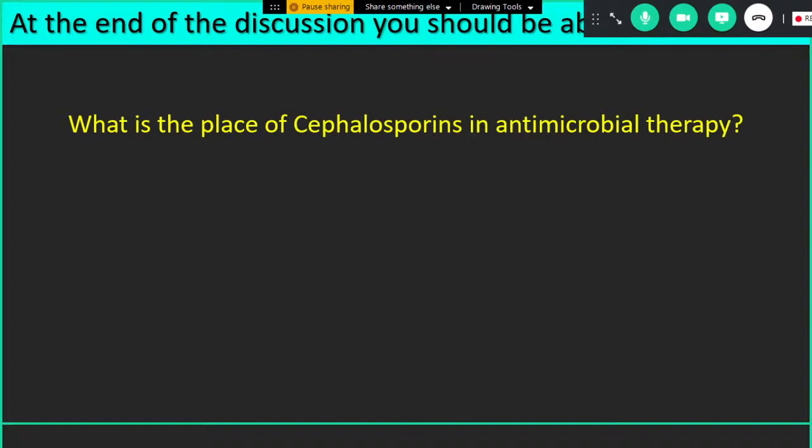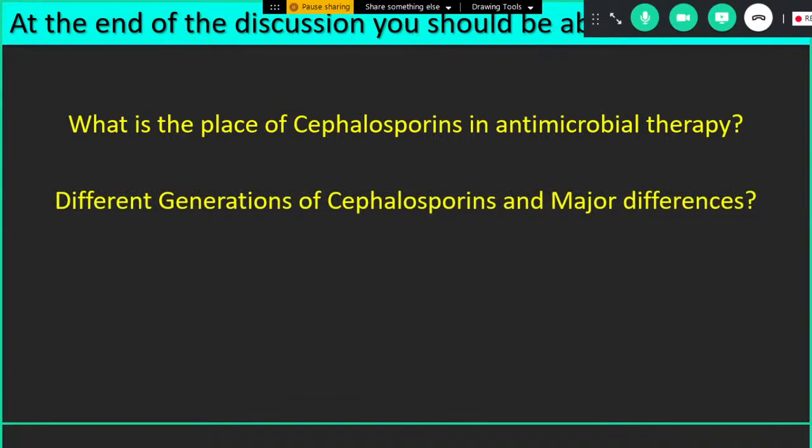First and foremost, what is the place of cephalosporin in antimicrobial therapy? It is one of the important aspects, because choosing an antibiotic or antimicrobial from a given list of a lot of antimicrobials is important. If you are choosing cephalosporins, you have to choose between different generations, from 1 to 5.